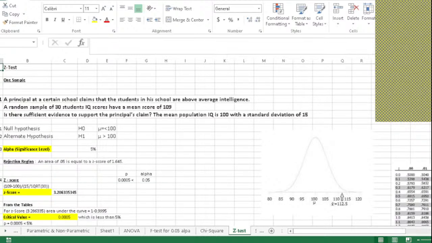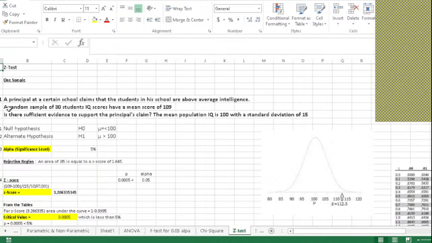Okay, so a principal at a certain school claims that his students have above average intelligence. A random sample of 30 students' IQ scores have a mean of 109. Remember this, right?